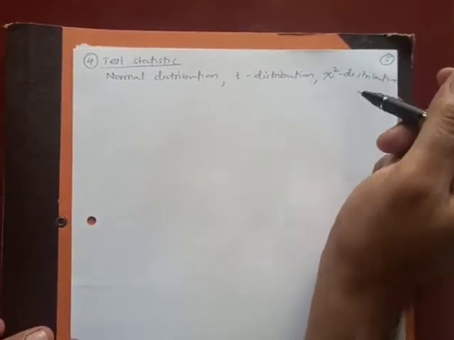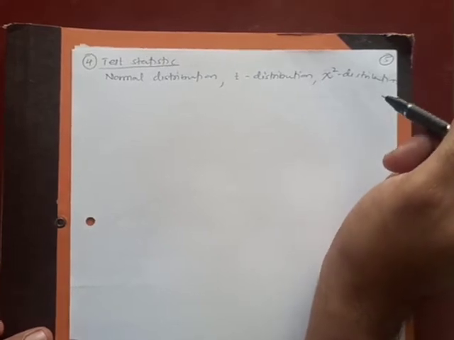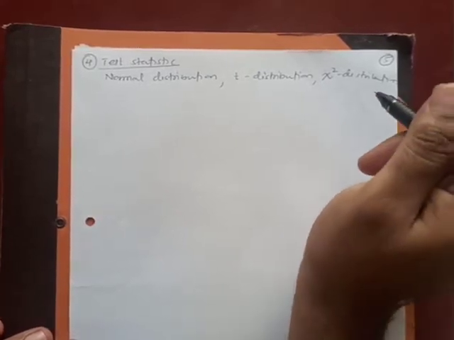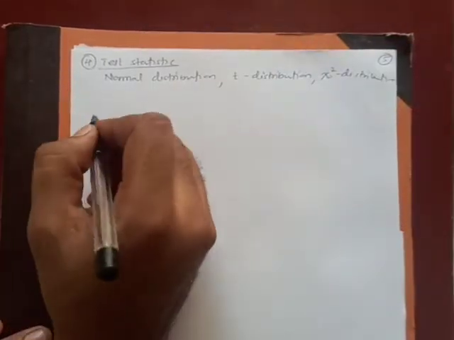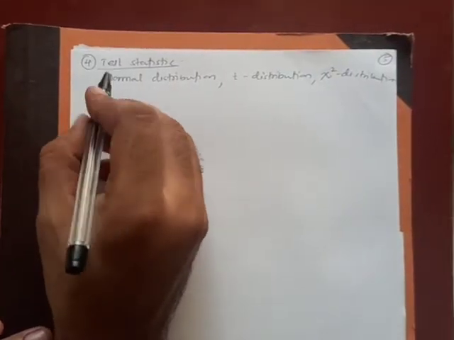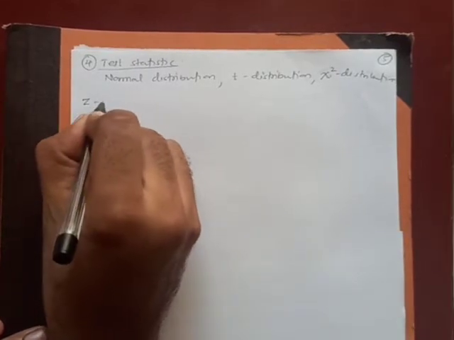Test statistics can be defined as the statistic calculated on the basis of appropriate probability distribution for testing the hypothesis, right? So we most commonly use the test statistics as, first is Z distribution.